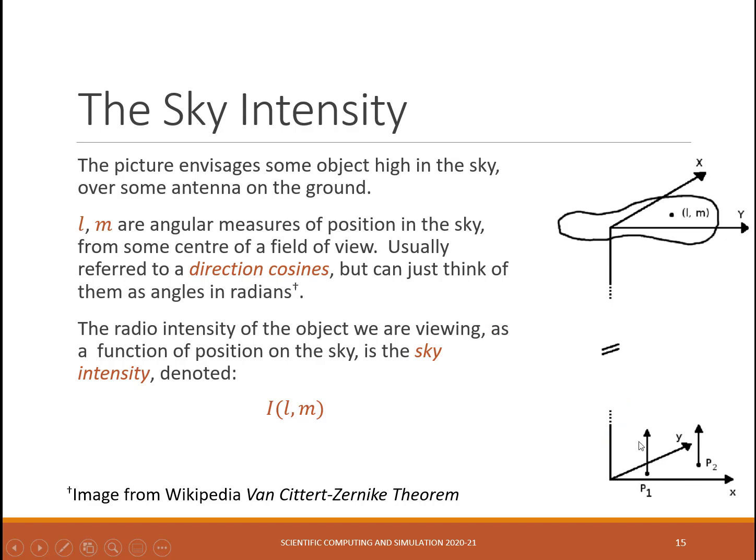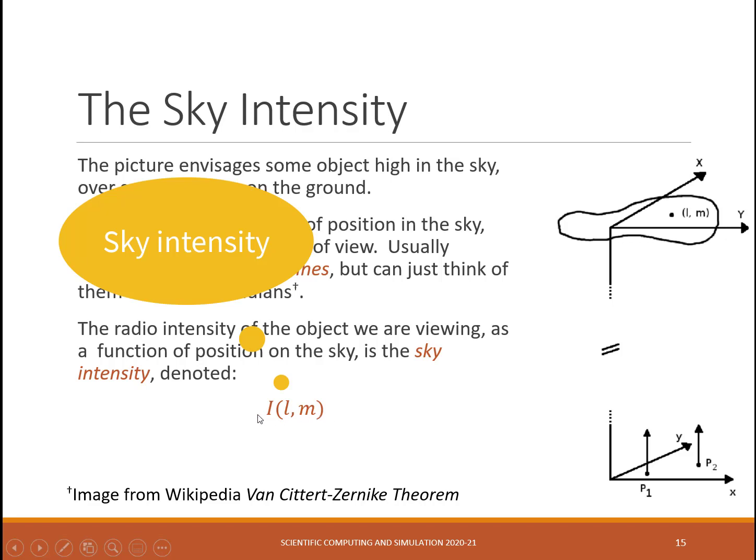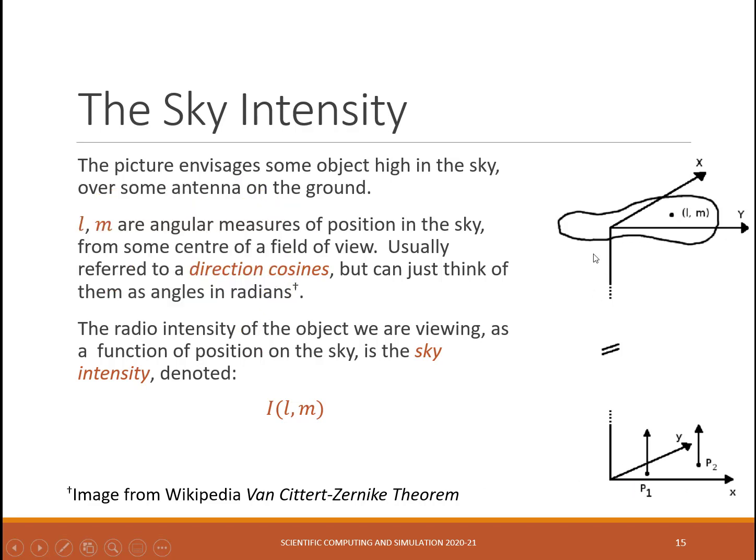It is supposed that these two Cartesian coordinate systems are parallel with the same origins. I(l, m) formulates the radio intensity of the object observed by the antennas as a function of position on the sky. This function is called the sky intensity. It is important to note that the sky intensity determines the image of a target object in the sky.